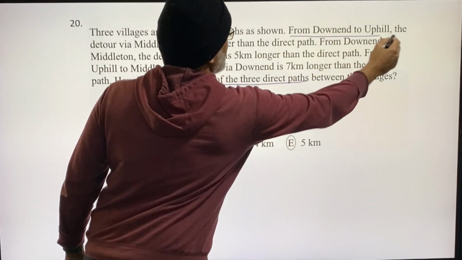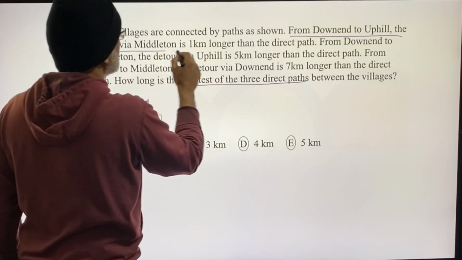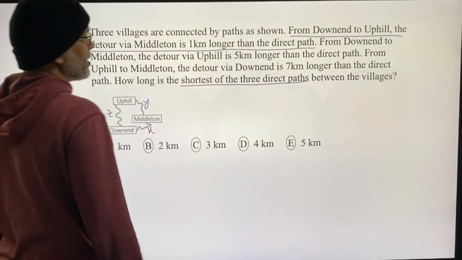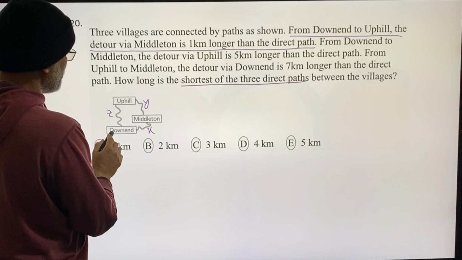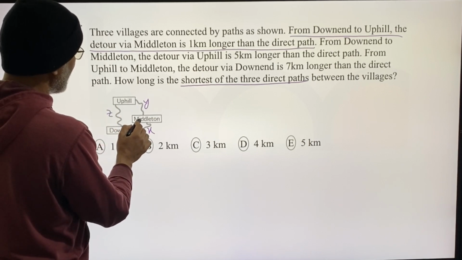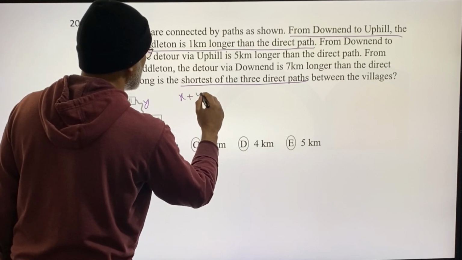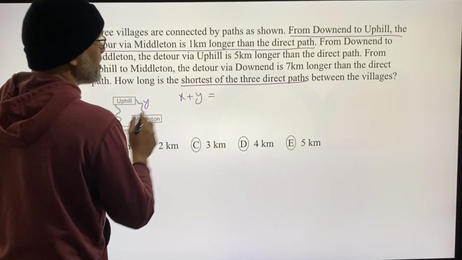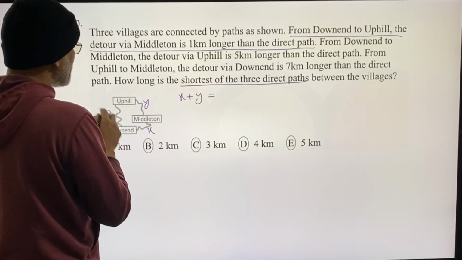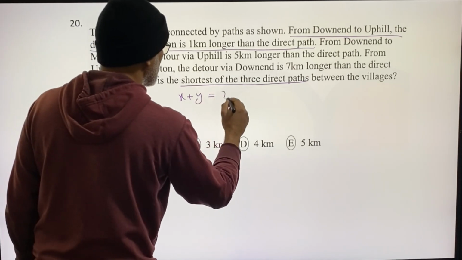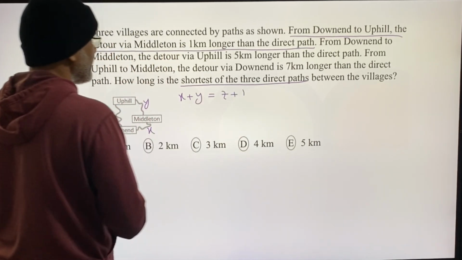From Downend to Offhill, the detour via Middleton is 1 kilometer longer than the direct path. So D to U, but via M, right? So that is x plus y is 1 kilometer longer than the direct path. Direct path is z, so z plus 1, right?